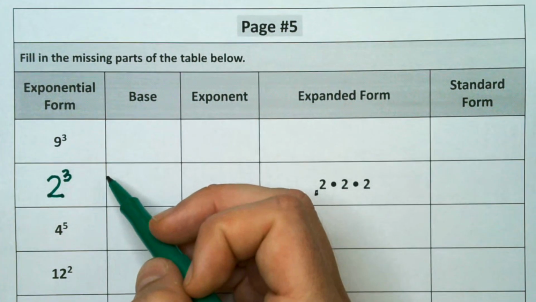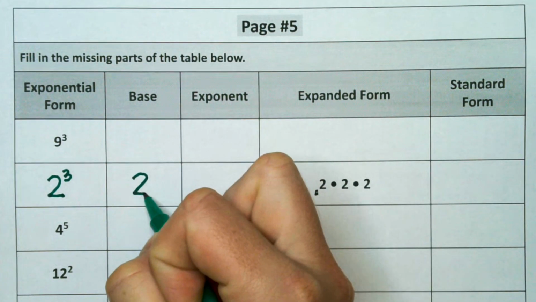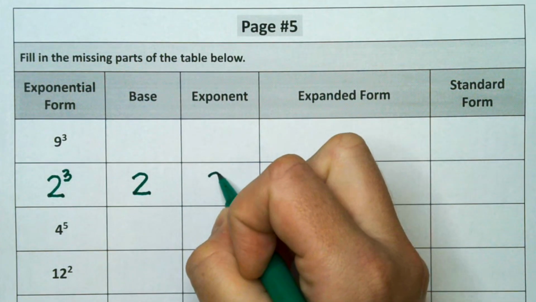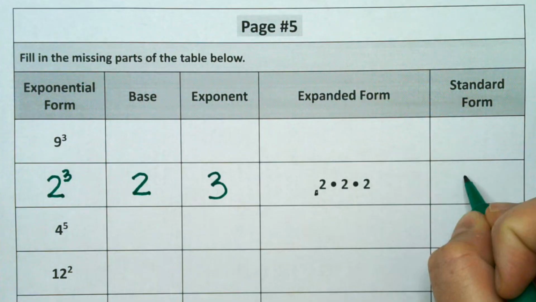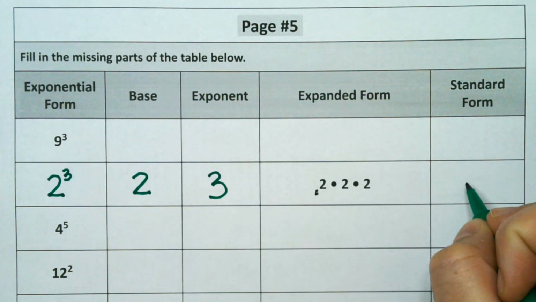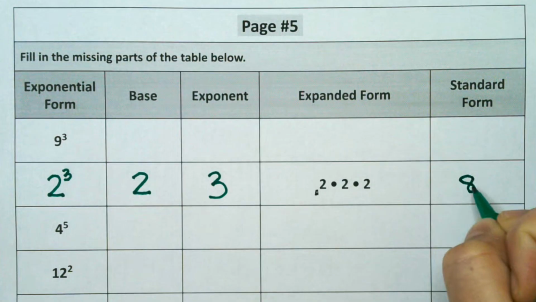Now we'll write the base here, 2, the exponent here, 3. We already have expanded form filled in, 2 times 2 times 2. So we'll write our standard form or just our answer. 2 times 2 times 2 is 8.